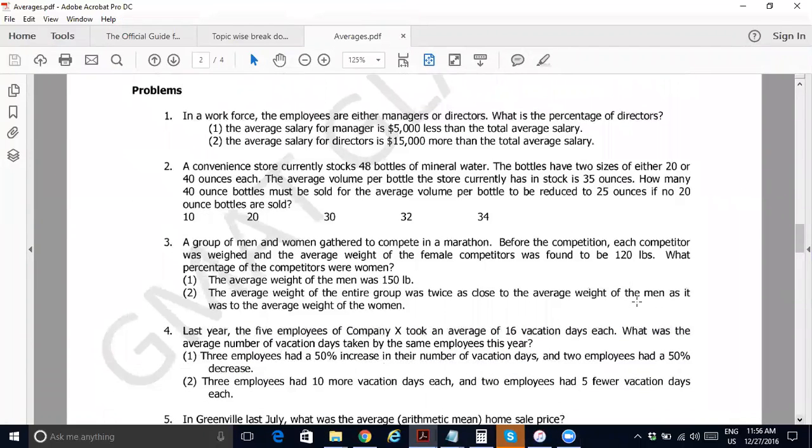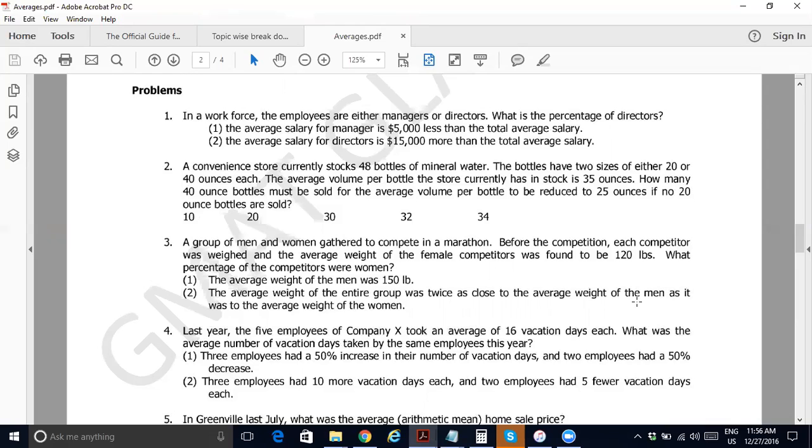Can you try question number 1? The employees are either managers or directors. What is the percentage of directors?